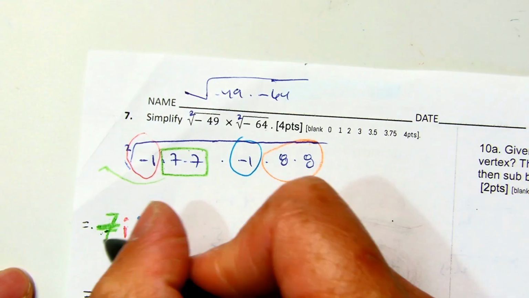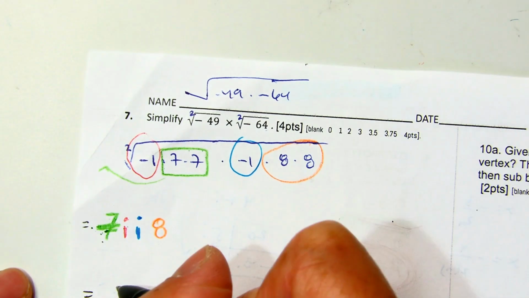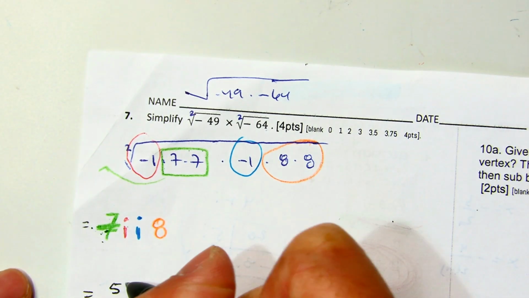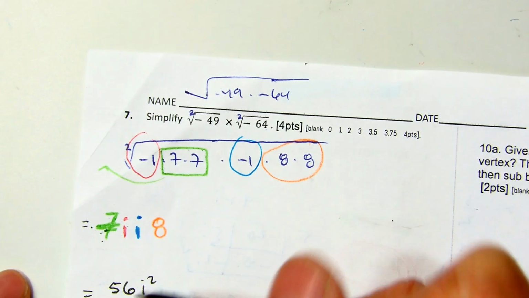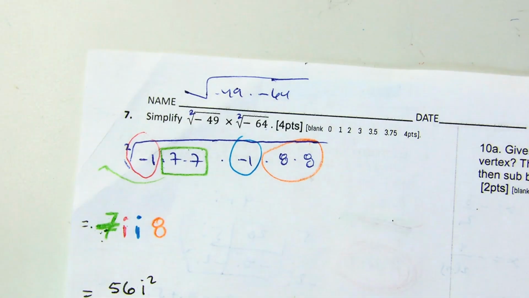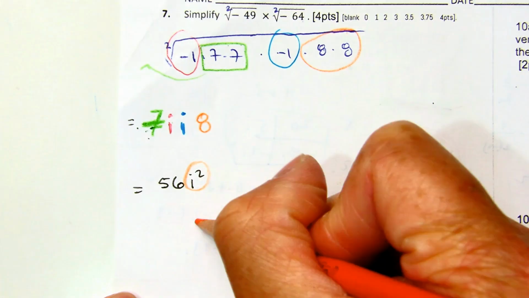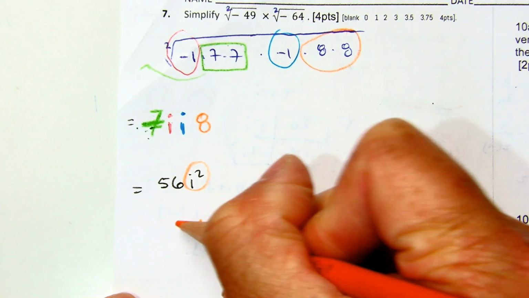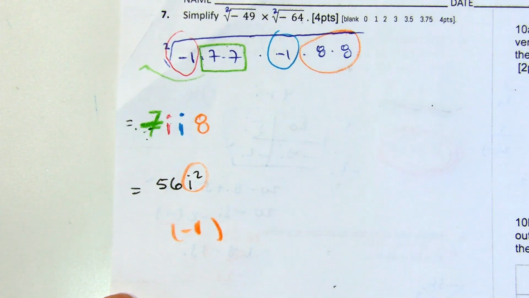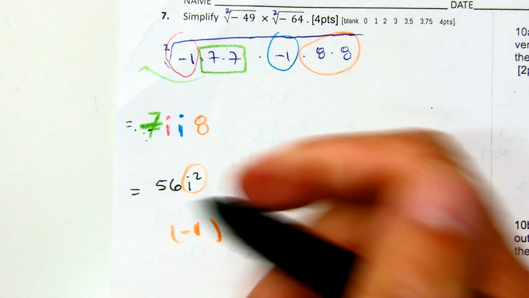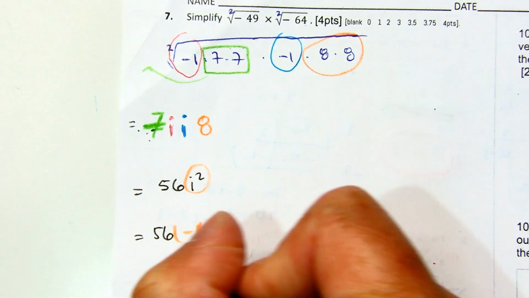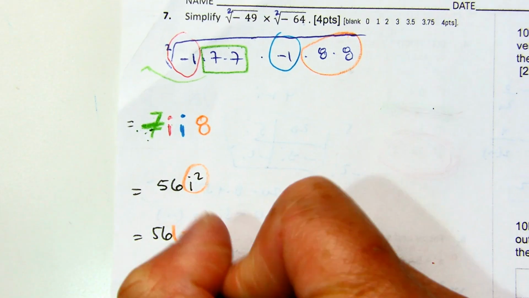So 7 times 8 is 56. i times i is i squared. i squared is equal to -1 by multiplication. So you have -56 is your answer.